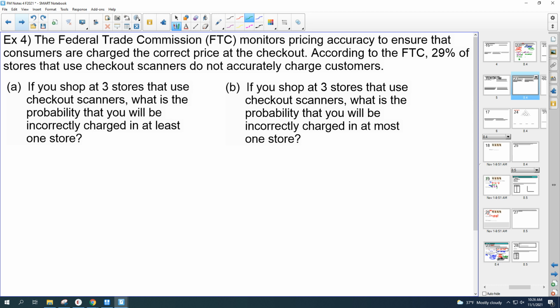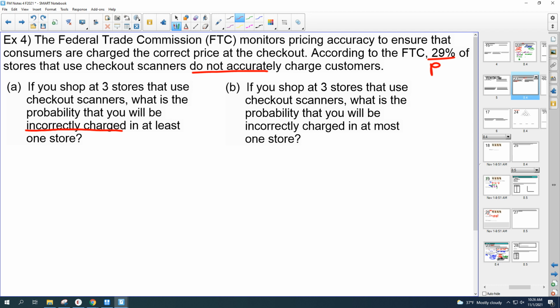So you have to kind of pay attention to the language here. This says 29%, so that's going to be our p-value. And it says 29% do not accurately charge customers. So when I see incorrectly charged, that's the same thing. Do not accurately charge customers, incorrectly charge customers. All right, so that's what we're looking at.